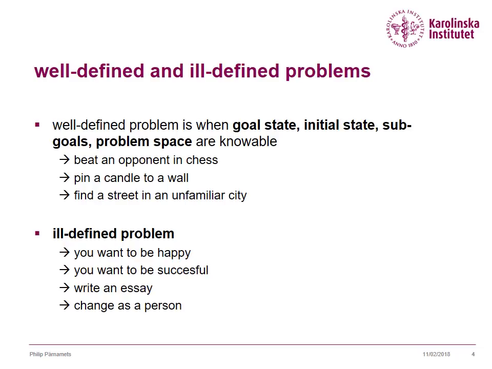We can think about problems using a number of terms which will help us organize their characteristics in slightly better ways. So the first of these is goal state, and we already used the term goal state on the previous slide. And so the goal state is simply the desired end state that we wish to find ourselves in at the end of the problem solving process.